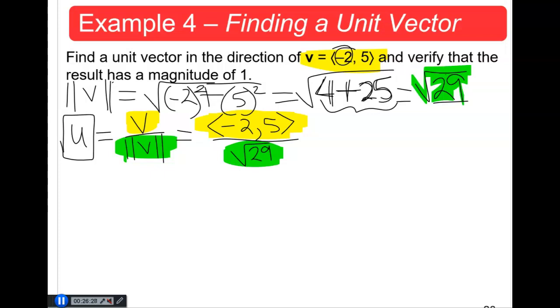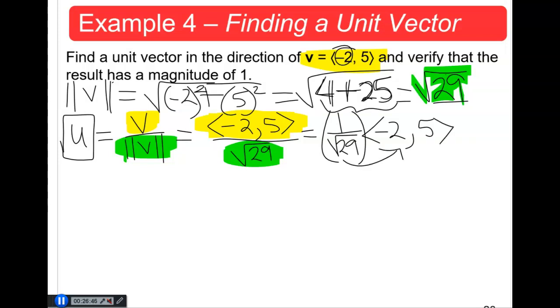Now, this part, by definition, is the same as 1 over the square root of 29 times the vector. And so now that this is our scalar, if we do a scalar multiplication, it will be that number times the horizontal component and also times the vertical component.